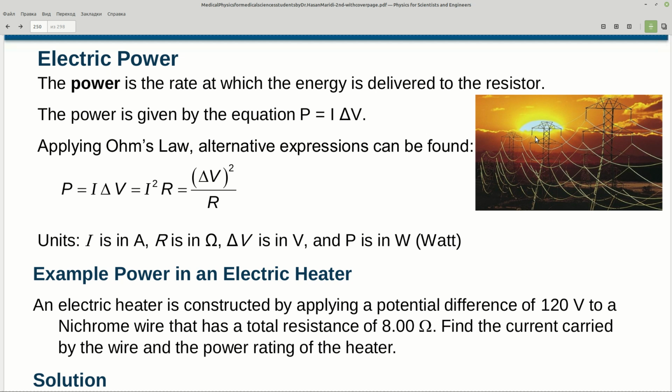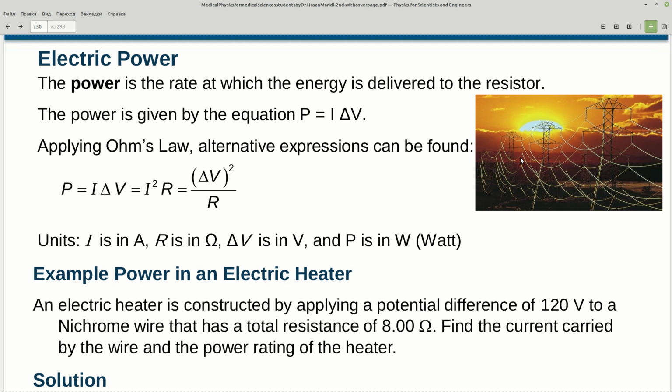An example of power is an electric heater. An electric heater is constructed by applying a potential difference, in the American system of electricity distribution, of 120 volts. Here in this country we have 220 volts inside the electrical system.